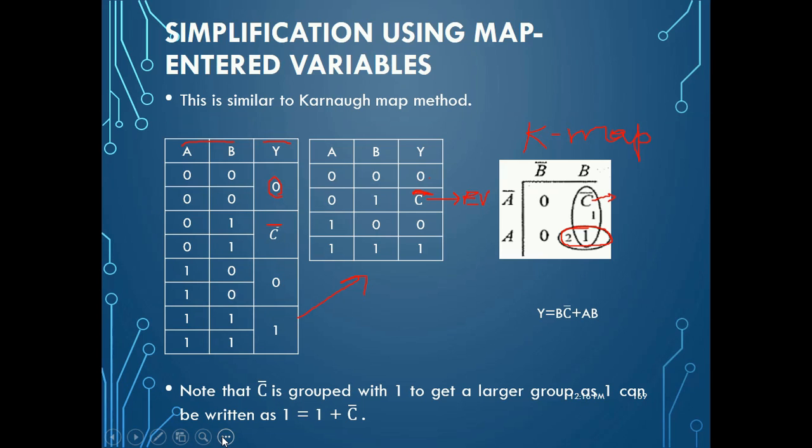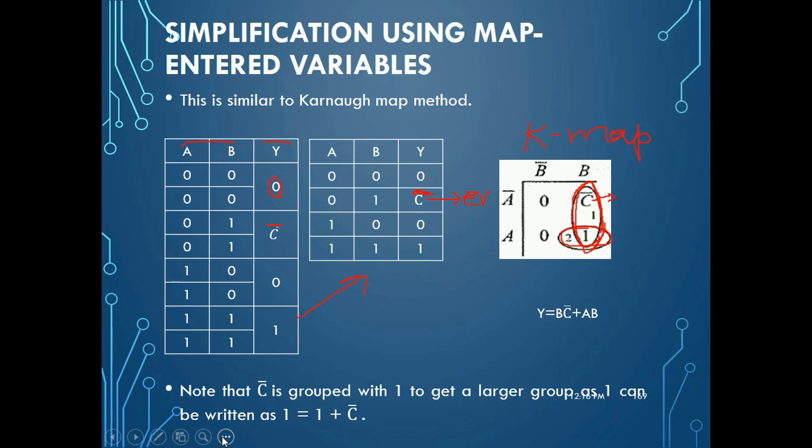So that's why you can encircle this one with C bar. Because the C bar value depends on the values of AB, it may be 0 or 1.